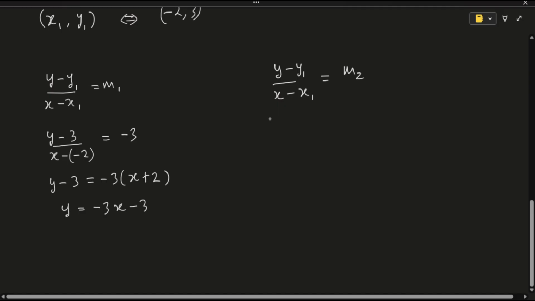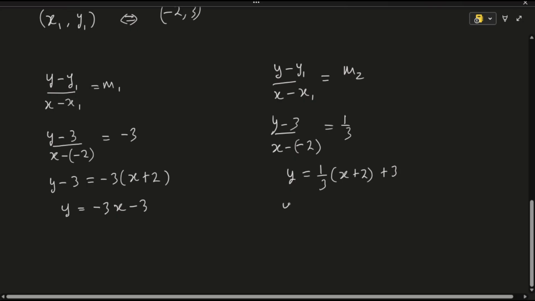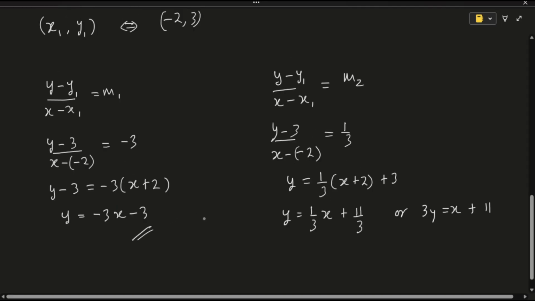So using the same point of interest, we're going to have, so simplifying, so the equation of the normal is, or we can rewrite it as, so that is the equation of the tangent, and here the equation of the normal.